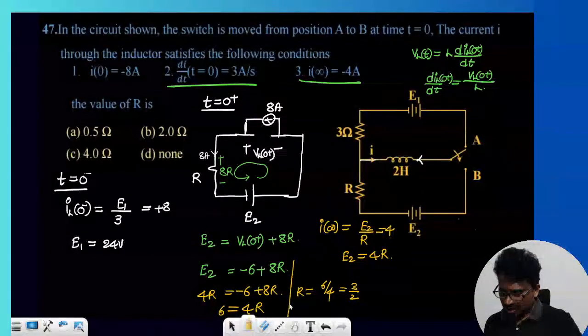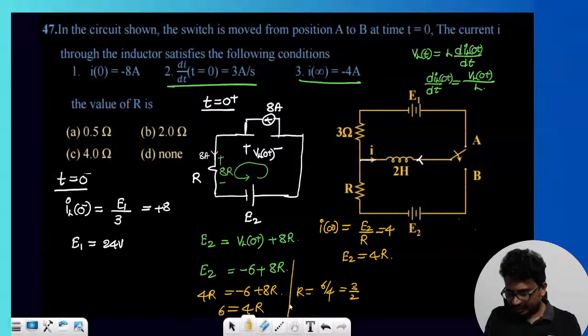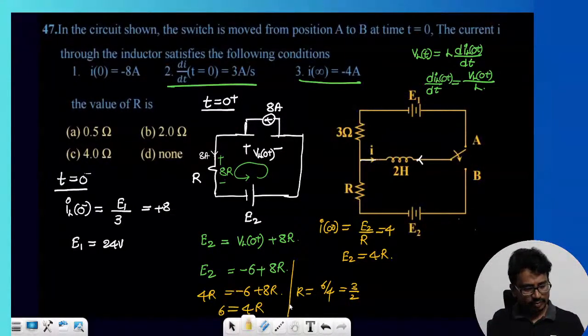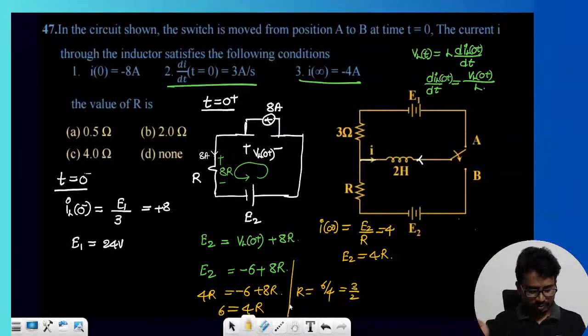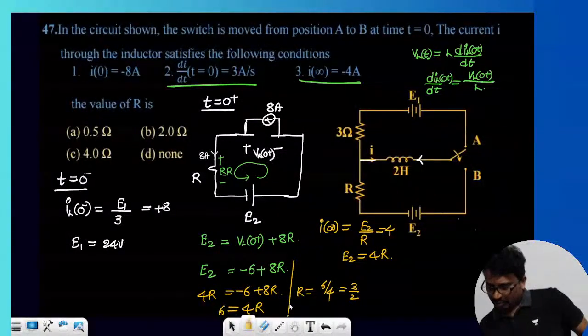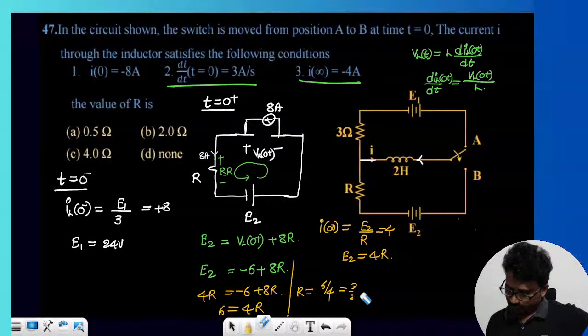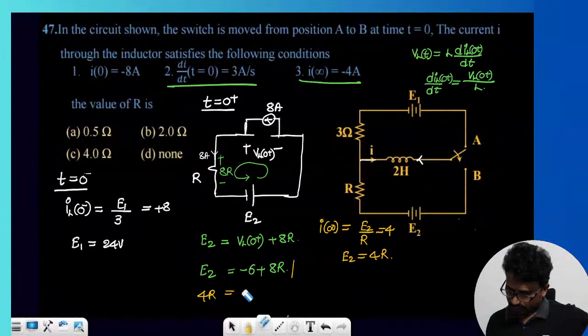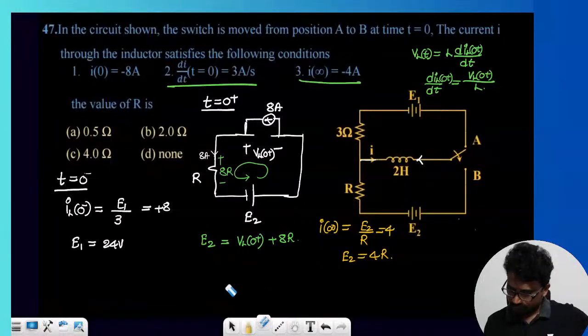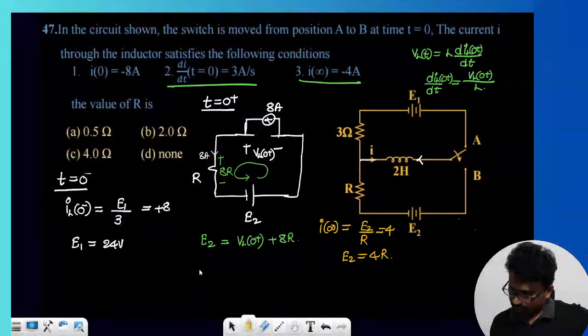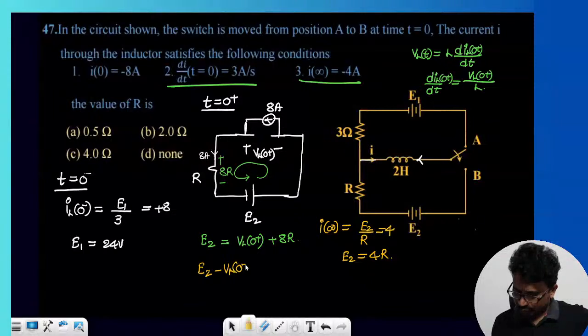Check it now. Did we do anything wrong here? That is E2. So this will be minus VL of 0 plus.